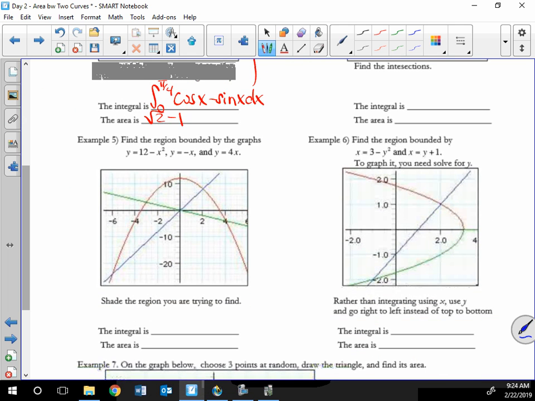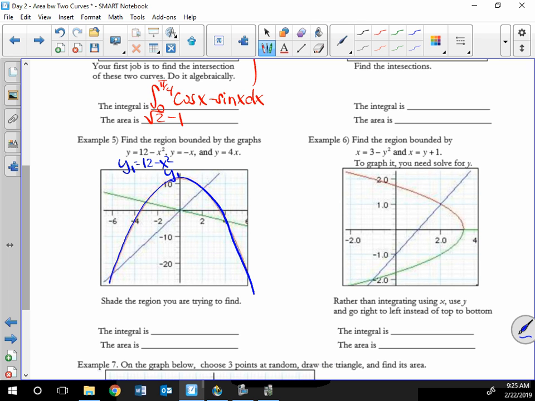They've given us 3 graphs, and it says find the region bounded by our graphs. y equals 12 minus x squared, y equals negative x, and y equals 4x. So it's important that you know some information about your parent graphs in order to have an idea of which graph is which. But our 12 minus x squared, I'm going to call that y sub 1. That's going to be this upside down parabola here.